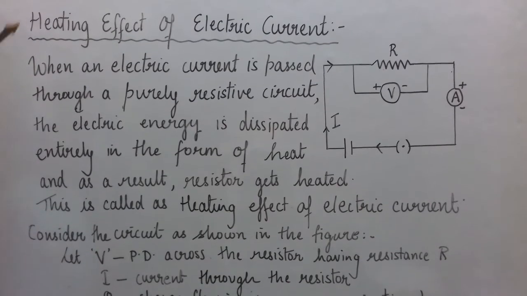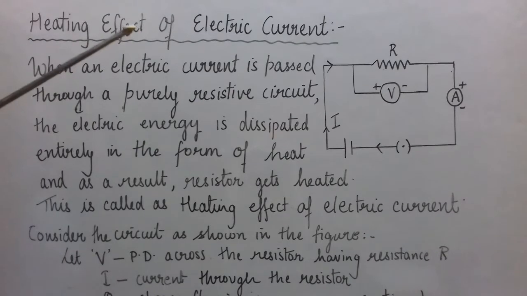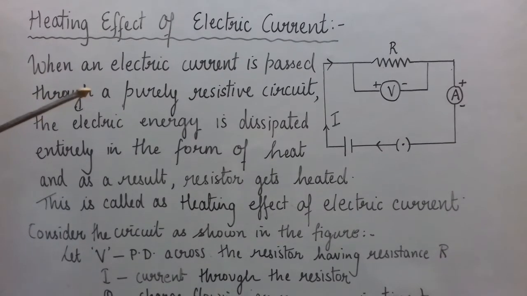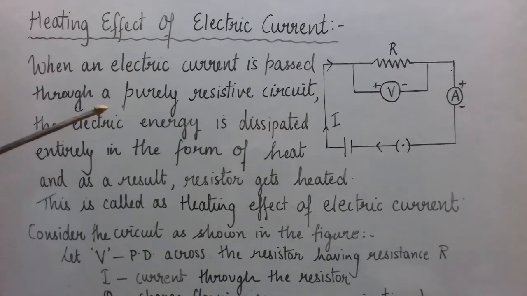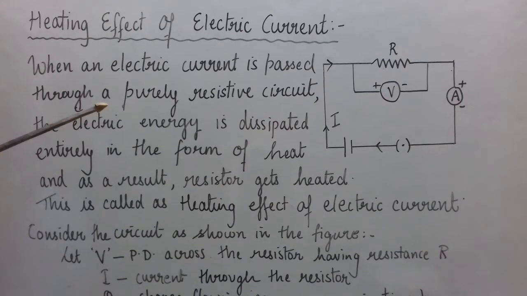So let us see here what we mean by heating effect of electric current when you are asked to write the answer. When an electric current is passed through a purely resistive circuit, purely resistive means only a combination of resistors is present in the circuit other than ammeter, key or battery or voltmeter.